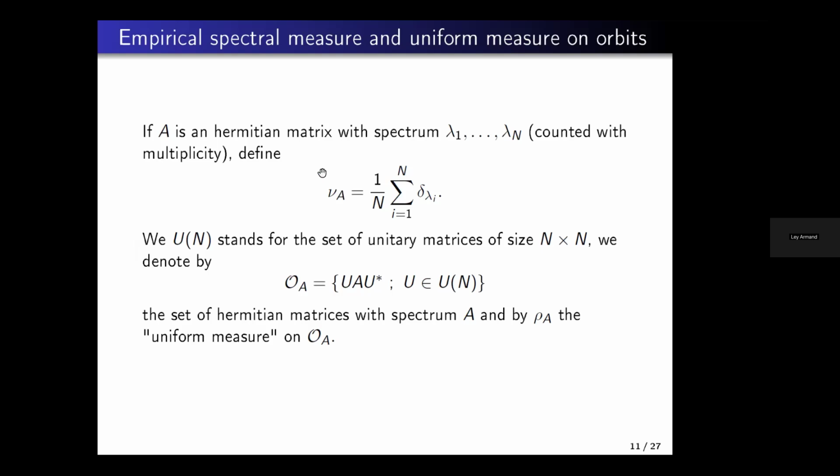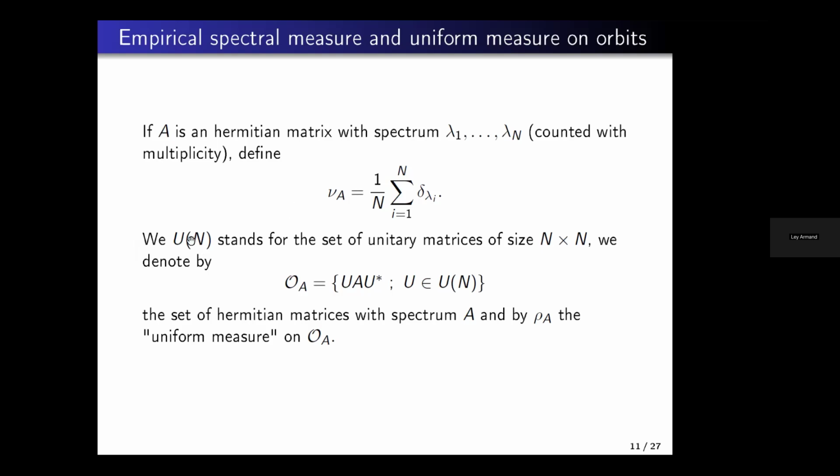The knowledge of this measure mu_A, which is defined by this formula, a sum of Dirac measures, is essentially equivalent to the knowledge of the spectrum of this Hermitian matrix A. This notation will be useful for what happens after, because you can define it for matrices which have different dimensions, but it's still an object that lives in the same world. So we can introduce convergence and so on.